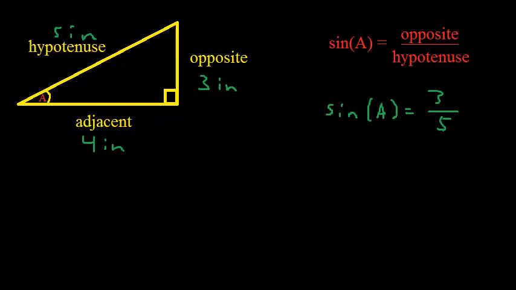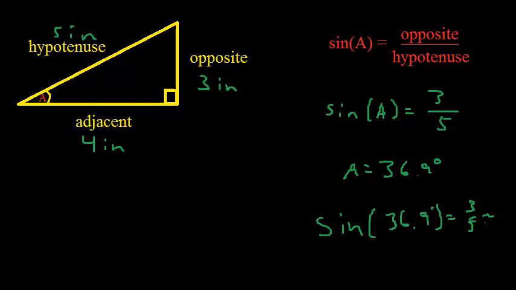So the sine of A is equal to 3/5. This corresponds to the angle A equal to about 36.9 degrees. So if you were to plug into your calculator the sine of 36.9 degrees, you would find that that is about equal to 3/5, or about 0.6.